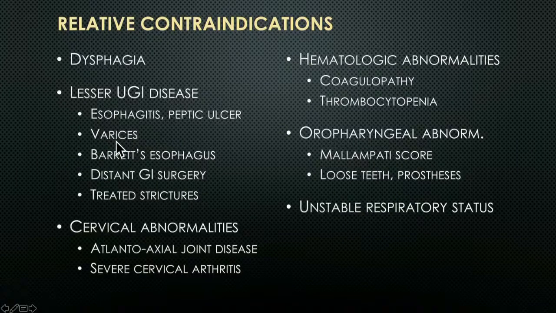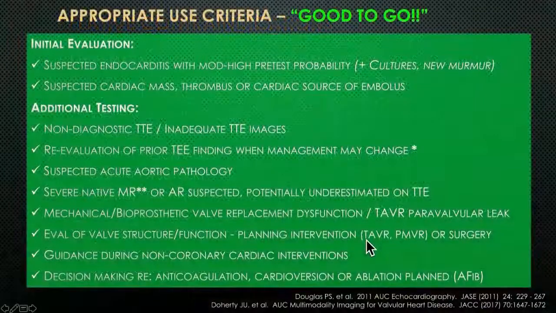Grade 4 varices, obviously I don't think anybody wants to be doing a TEE, but if a patient has recent documented grade 1 or grade 2 varices that are not bleeding, it's pretty safe to do a TEE. But even if you go ahead with these relative contraindications, you should always notify your patient of the increased risk.